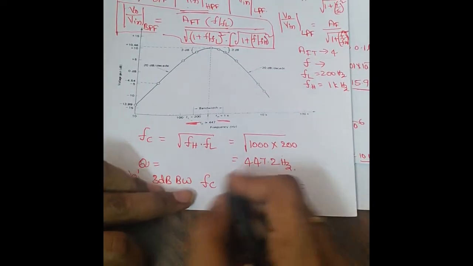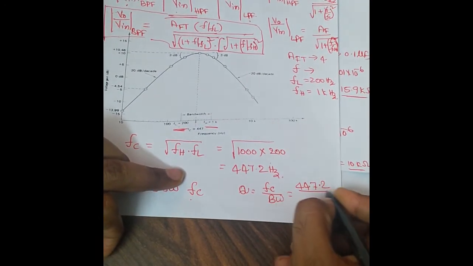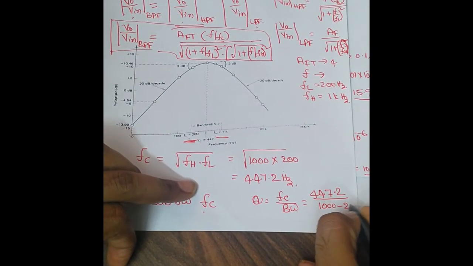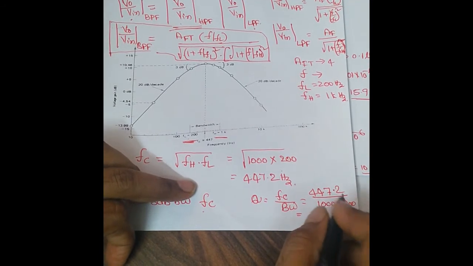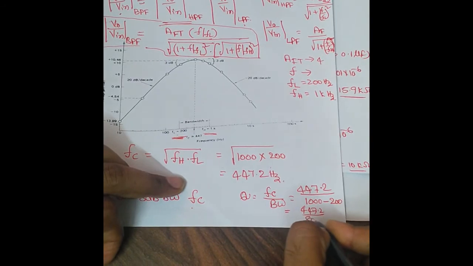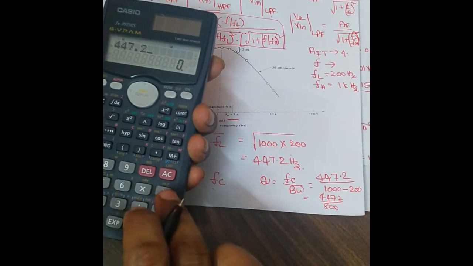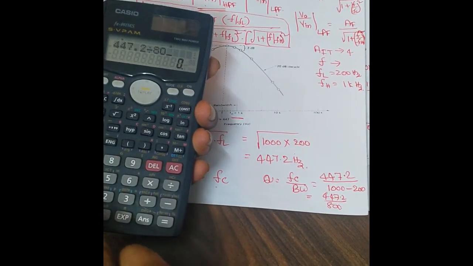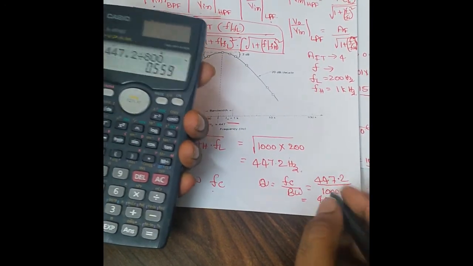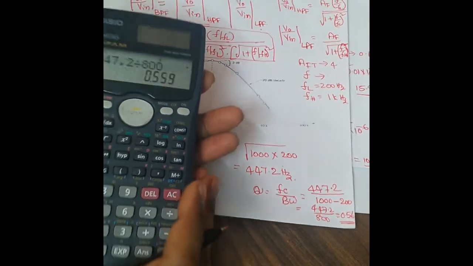The Fc value is 447.2 Hz, and the corresponding bandwidth is 1 kilohertz minus 200 Hz, that is 800. So Q is equal to 447.2 divided by 800, which is 0.559, or approximately 0.56.